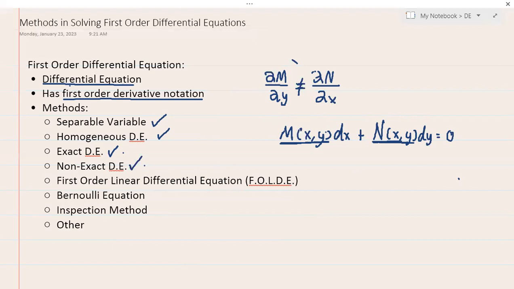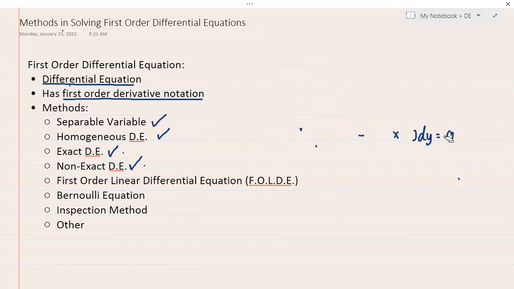Then next, meron tayong first order linear differential equation or FOLDE. By the way guys, what I'm doing here is I'm just introducing the types of first order differential equation and ano yung mga methods niya and is it applicable to a given first order differential equation or not. Okay? Di naman tayo magsosolve. Parang discuss lang.